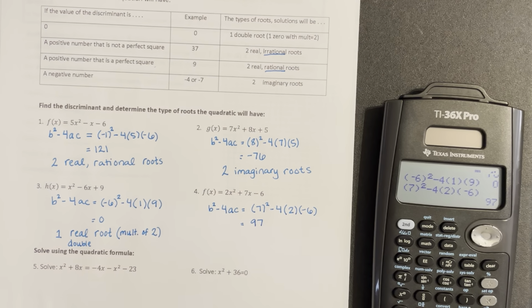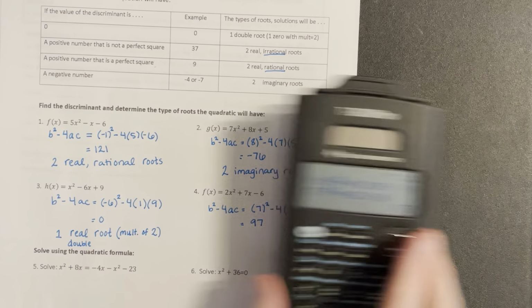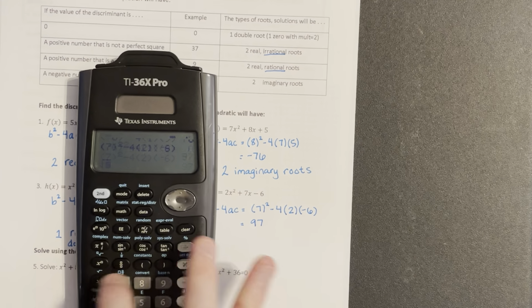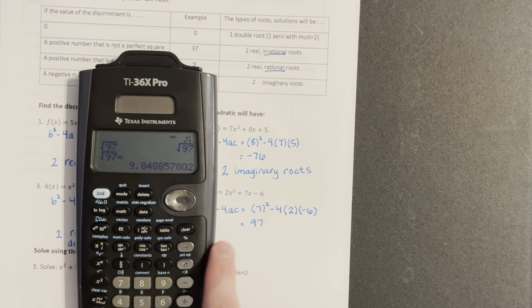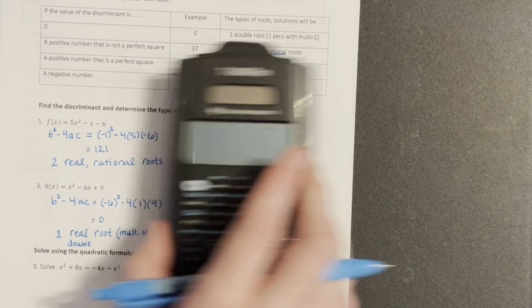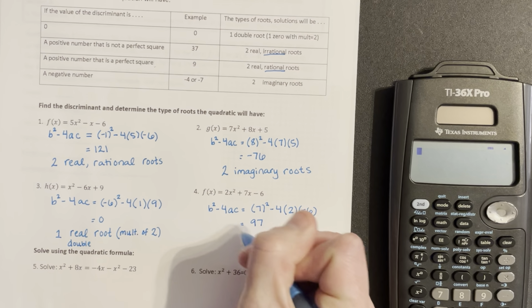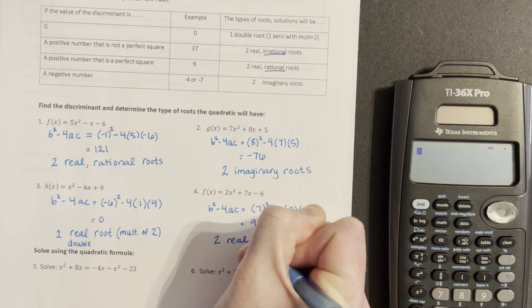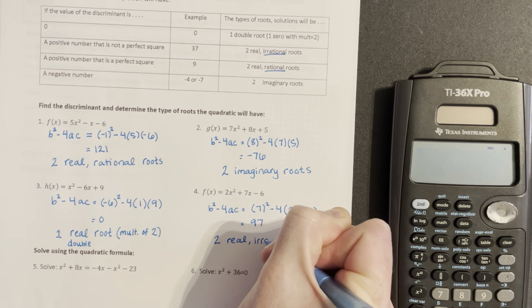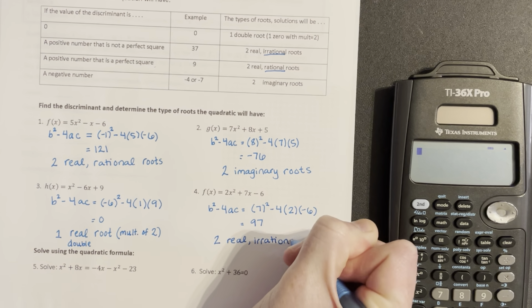And if you don't know your perfect squares, that's something really to practice, but the square root of 97 is not going to come out nicely. It just is an irrational number. So because we get 97 for the discriminant, that means we have 2 real but irrational roots.